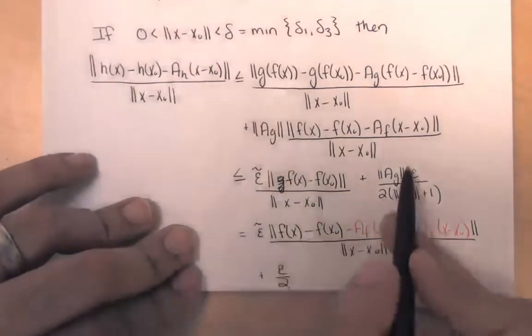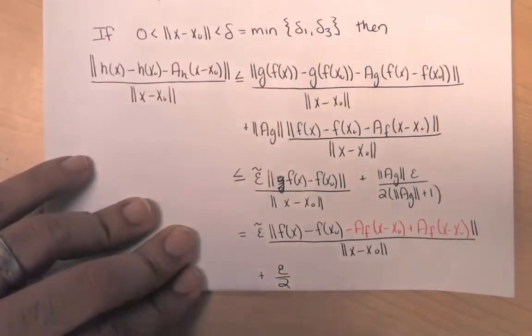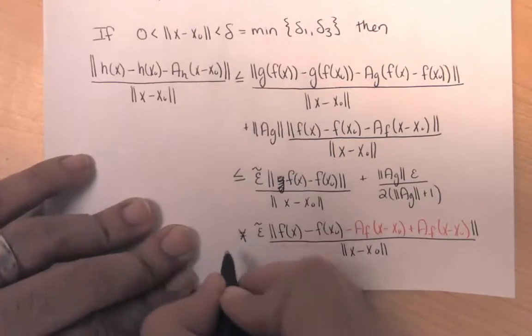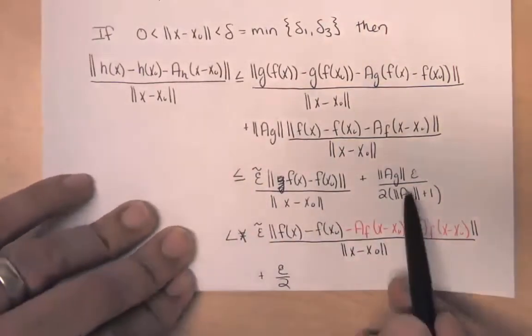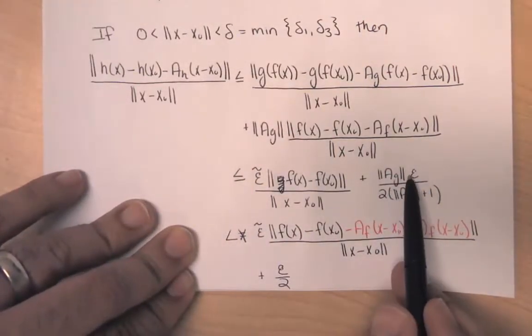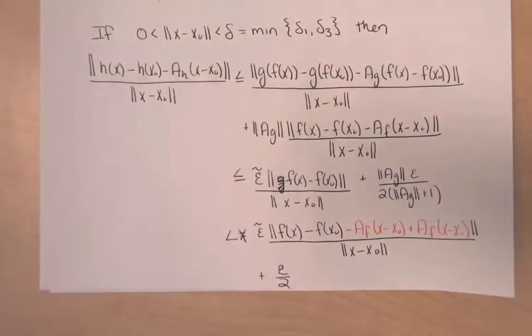So in fact this would be, and it's strictly less than, so this would be less than because I'm replacing this with something bigger than it, epsilon over 2.